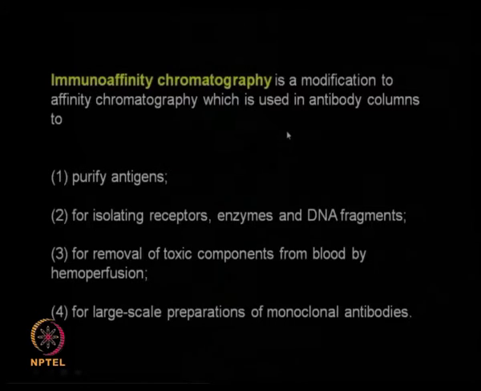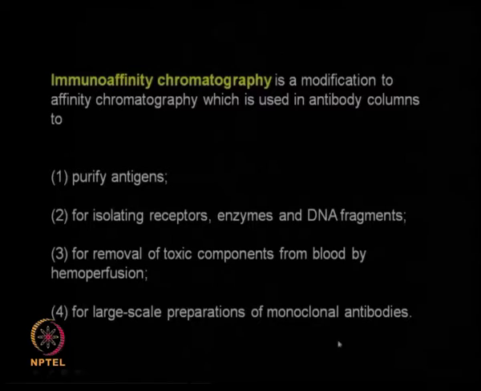There is another type of chromatography called immunoaffinity chromatography. This is a modification to affinity chromatography. It is used generally in antibody columns, if you want to purify antigens, for isolating receptors, enzymes and DNA fragments, for removal of toxic components from blood, and for large scale preparation of monoclonal antibodies.